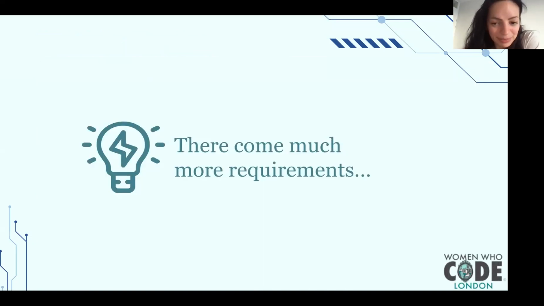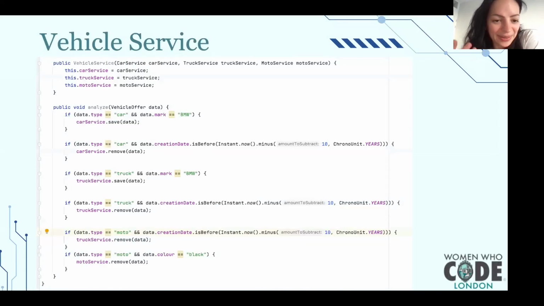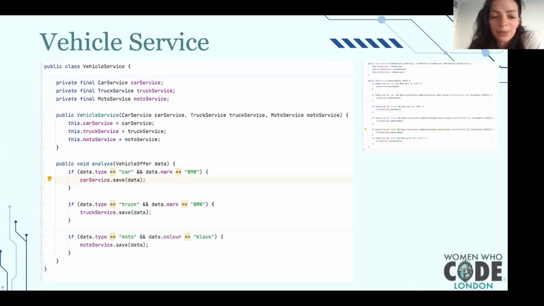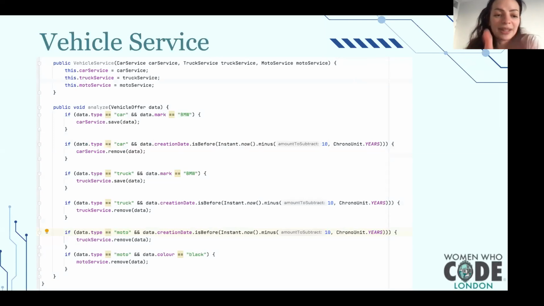And when more requirements came, you have this pile of different conditions. Like if it's a car and if it's BMW, we save it, which was probably the first requirement. If it's a truck and BMW, we save it. If it's a motor and it's black, we save them. But now we have more conditions.